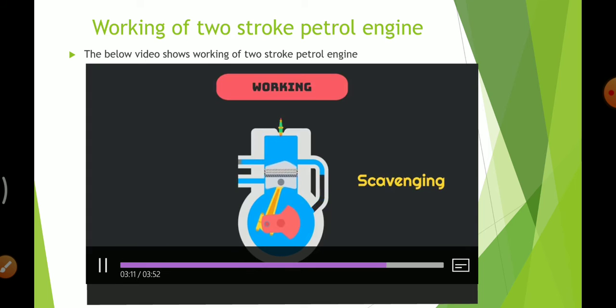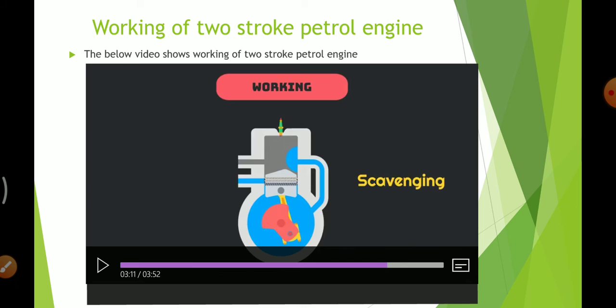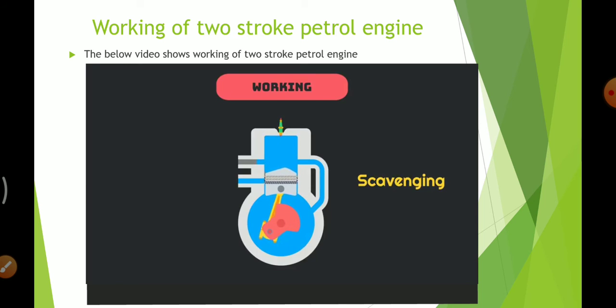Next, scavenging. What is meant by scavenging? When the piston moves from TDC to BDC in the power stroke, the fresh charge enters the cylinder, and at the same time the burnt gas escapes. But as this video shows, a small amount of fresh charge escapes through the exhaust port.